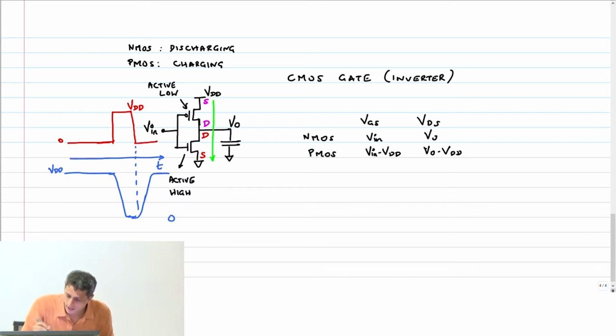So the constraint that is going to be imposed is on IDSN, the NMOS current. Remember, the direction for IDSN is like this. What's the direction for the PMOS current?